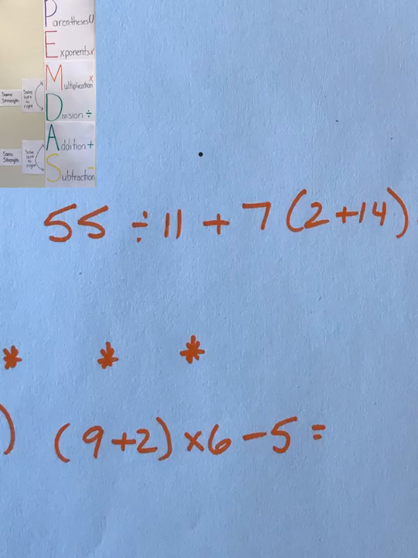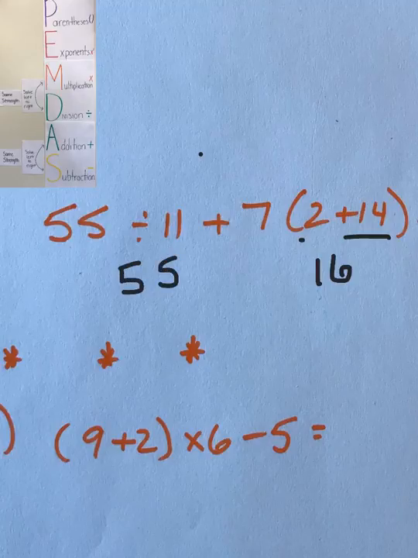For this next question, it's a little bit longer. So we look, there is a parentheses, so we'll have to do that first. So it's 2 plus 14, which is 16. So I rewrite 55 divided by 11 plus 7, and there should be a plus there, plus 16.